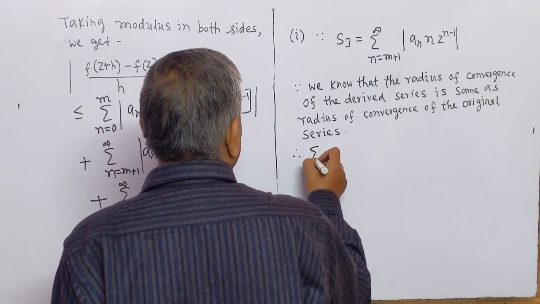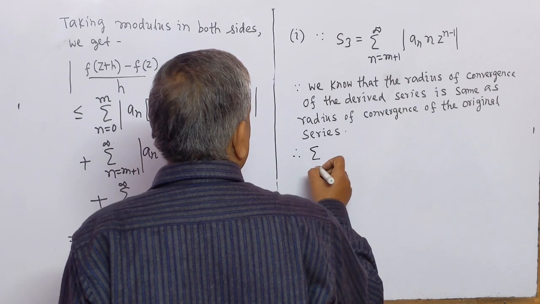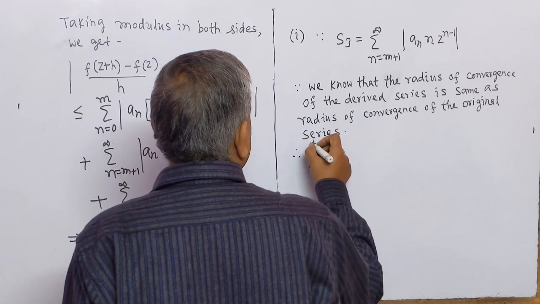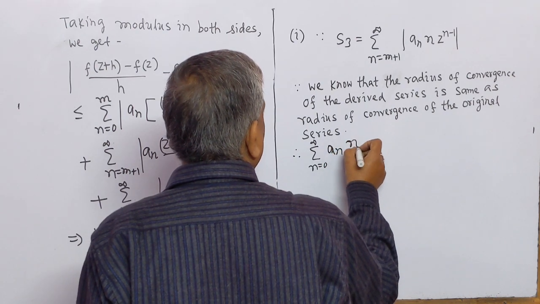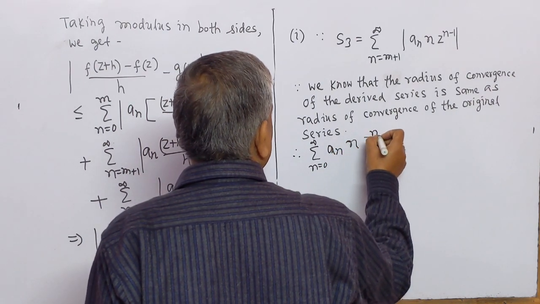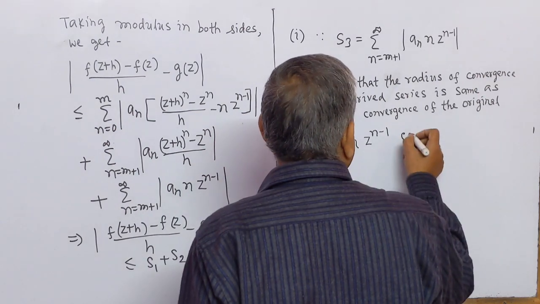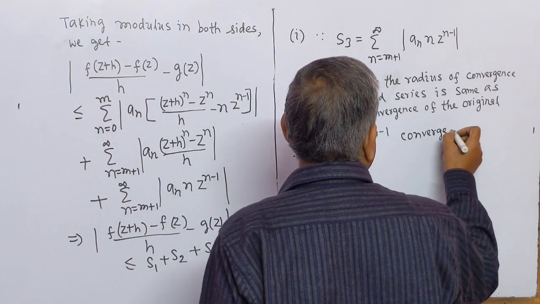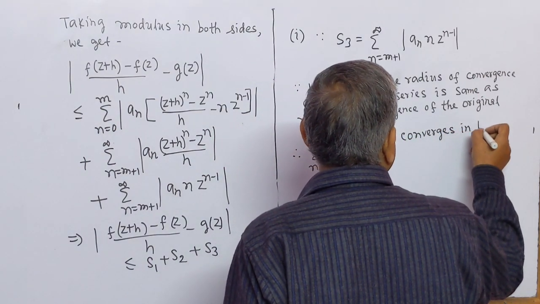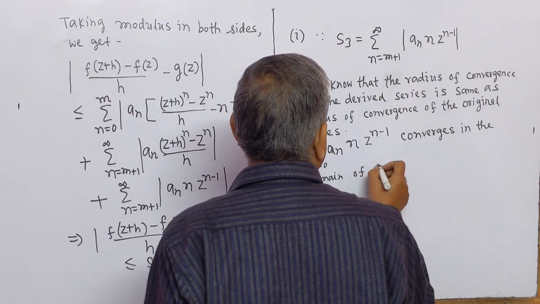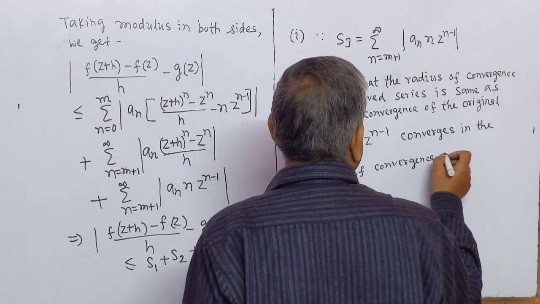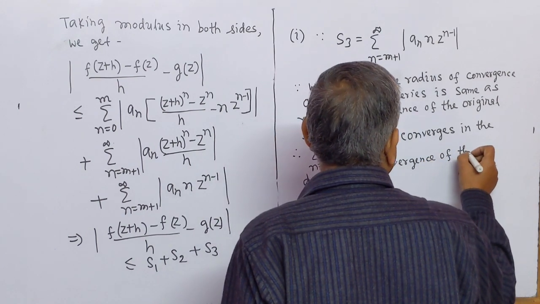Therefore, sigma n equal to 0 to infinity a_n n z to the power n minus 1 converges in the domain of convergence of the original series.